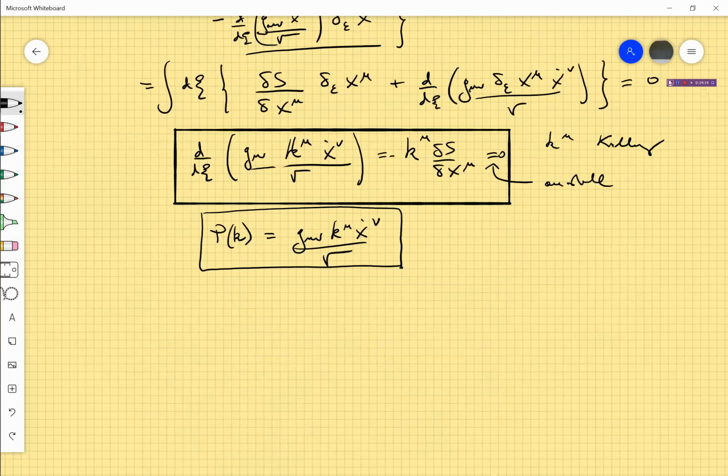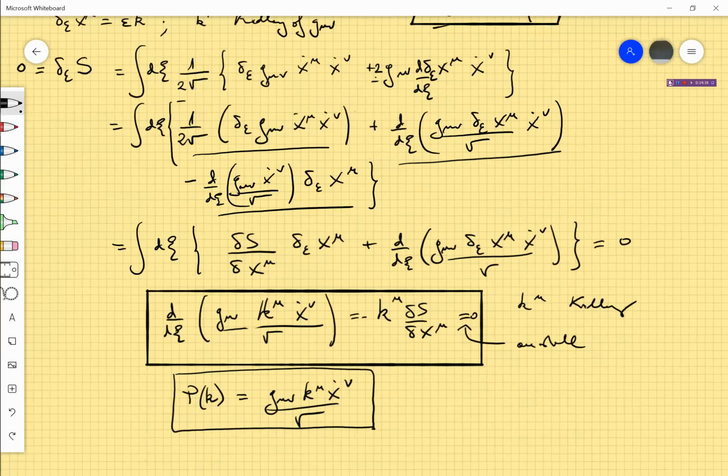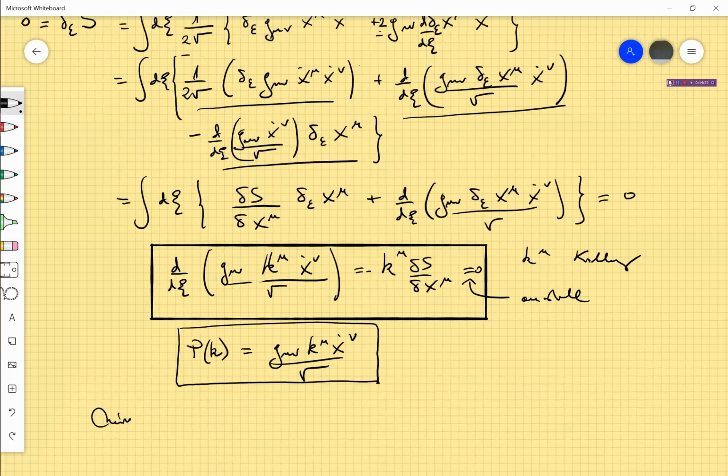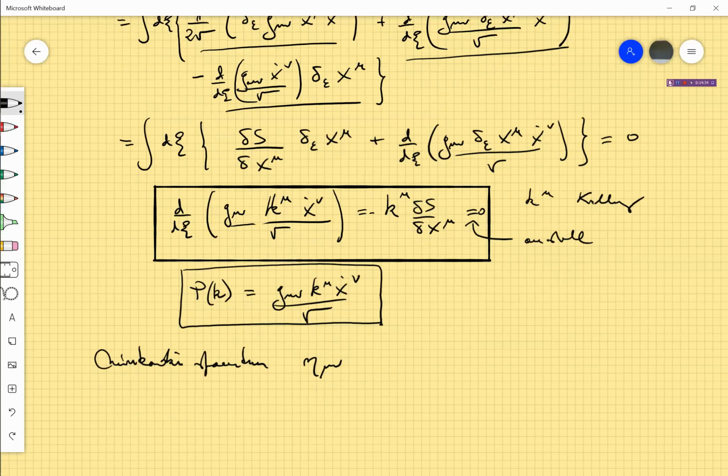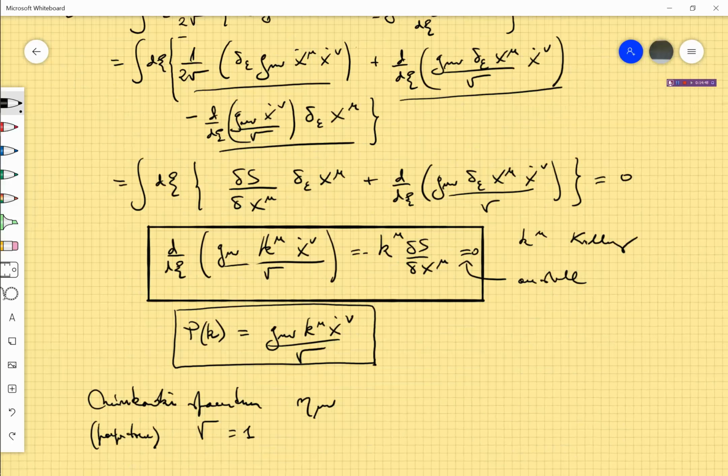The only thing that you need to do is to use the fact that now in Minkowski spacetime you have eta mu nu. We are working in Cartesian coordinates, it's just simpler. We also set this square root to 1, so it's proper time. And then you can replace the Killing vectors.